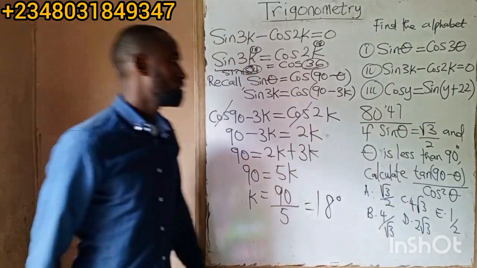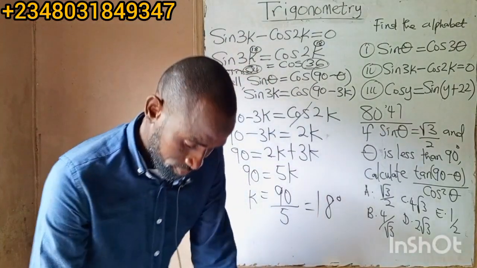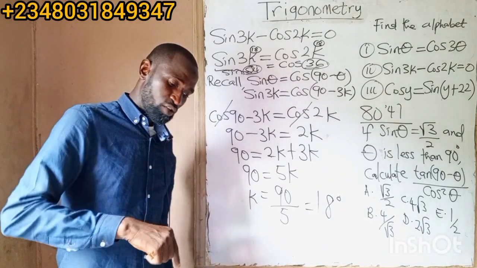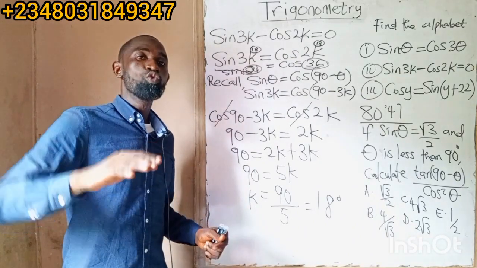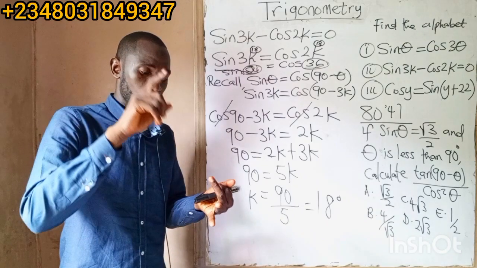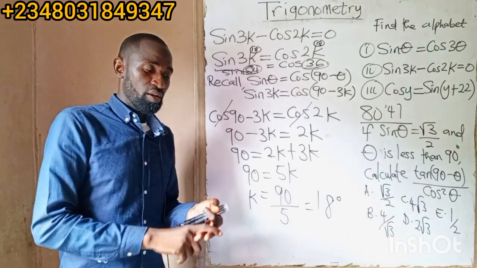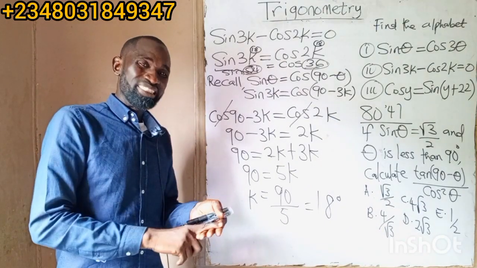So let's take the third one. Before we move on, I think the next one is okay, I'll do trigonometric equation and simplification. Then in the next video I will do ratios: ratio of special angles, ratio of angles between 0 and 360, then ratio of angles greater than 360, negative angles.